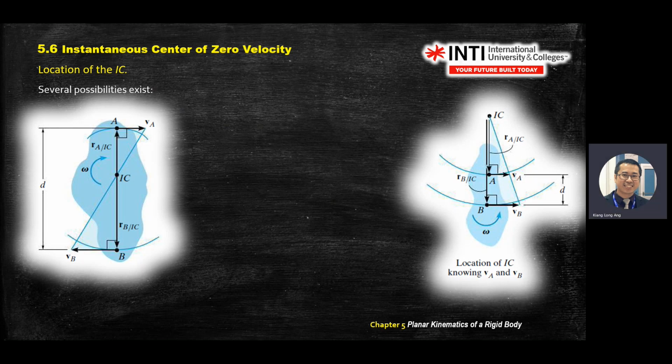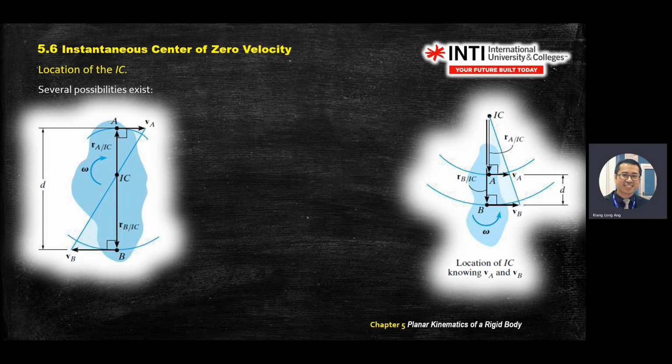If you have this body rotating anti-clockwise, it is going in. If it rotates in this direction, point A will rotate this way, and the velocity is in this direction. Put your ruler like this, then draw a line.